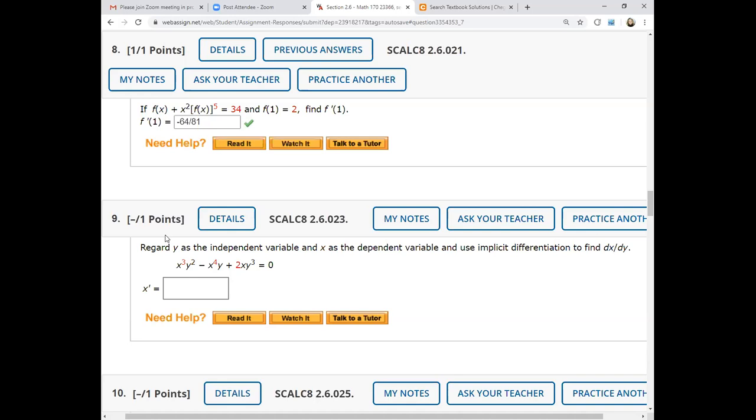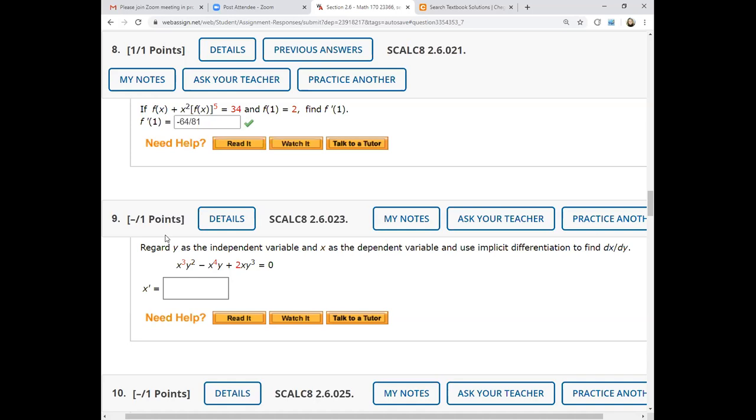Then you take the second one and leave it alone. Then you add, and now you're going to differentiate the second one and leave the first one alone. So it's x to the fourth, and the derivative of y with respect to y is 1.